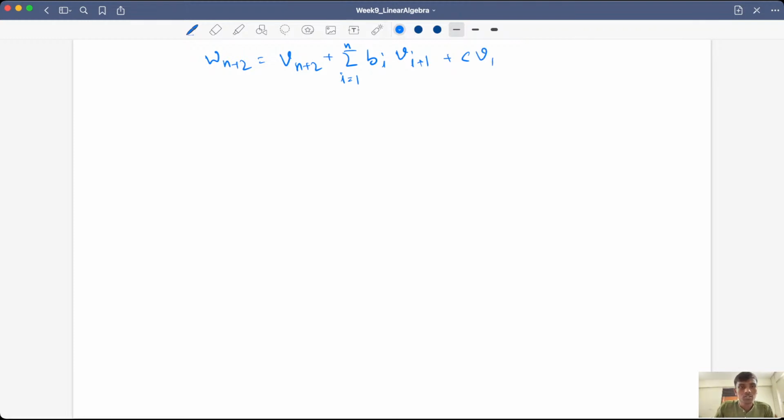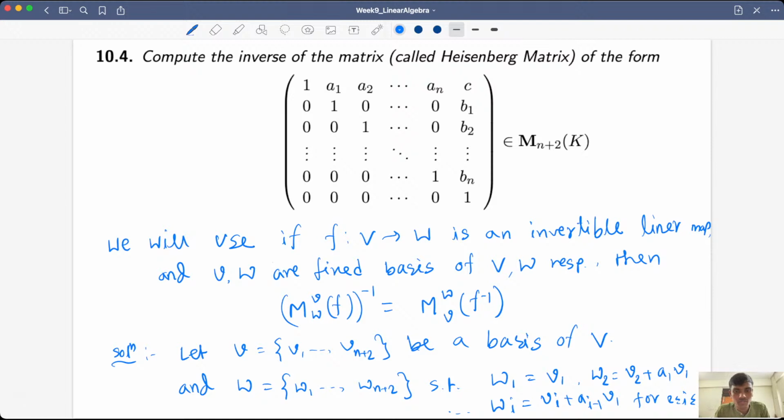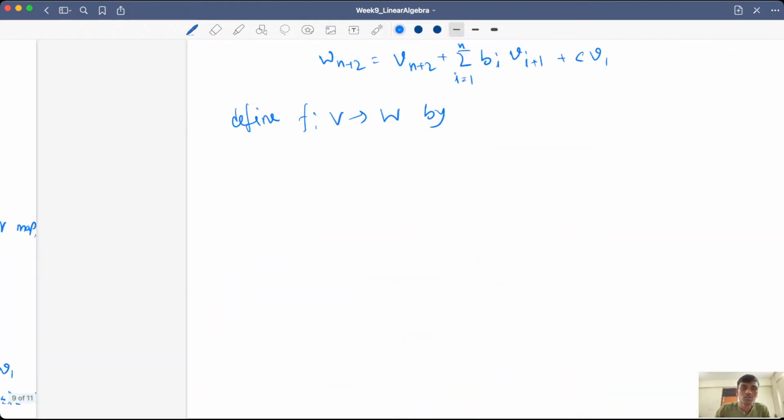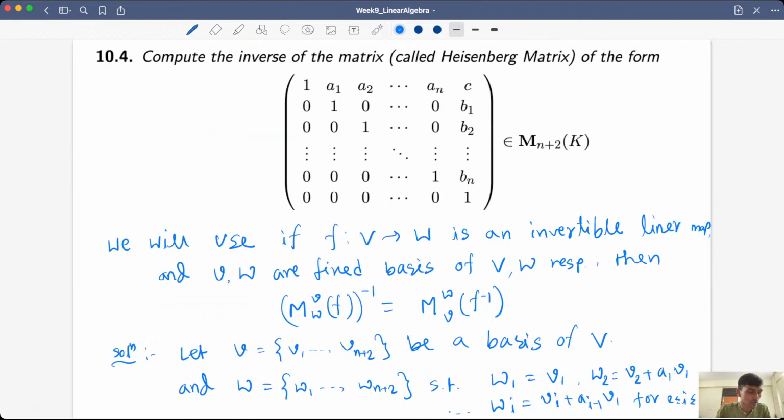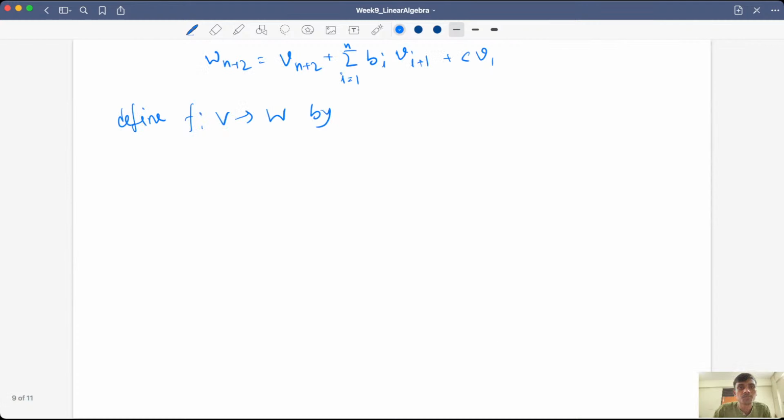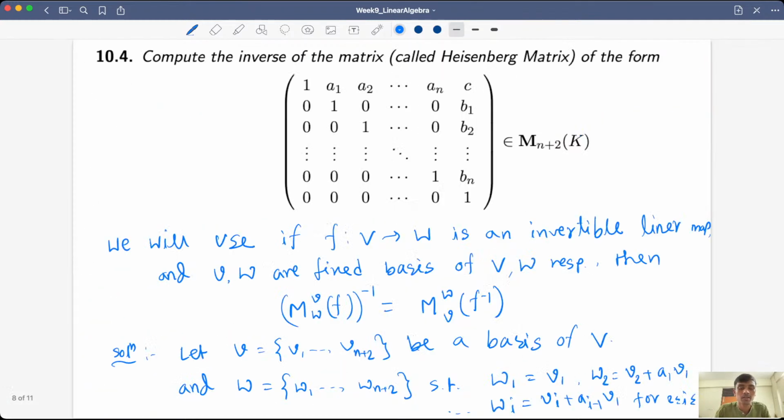Then you just define f from V to W. One thing to note is that this W is again a basis of V. By this definition of W, whenever V is a basis, for any choice of a i, b i and c, this is always a basis. This one can check directly. And then once you have a basis, you can define a linear map that takes this basis to this basis, right?